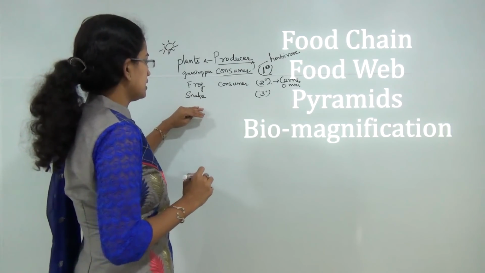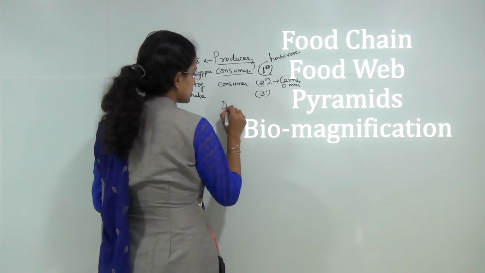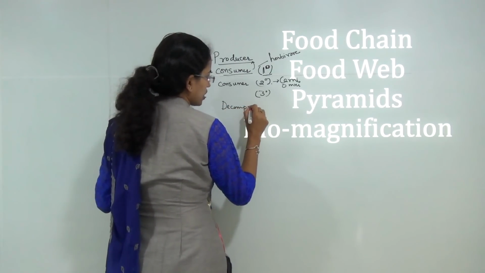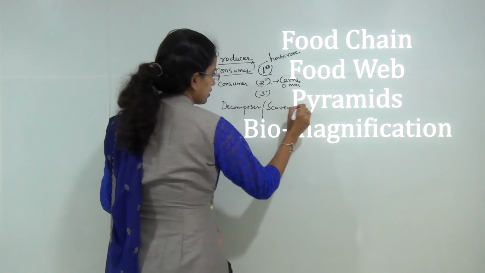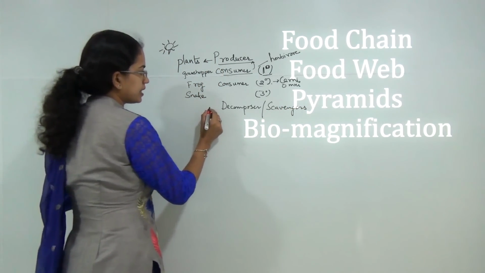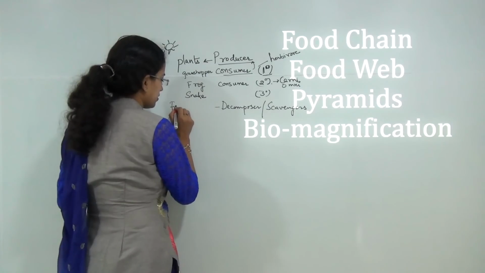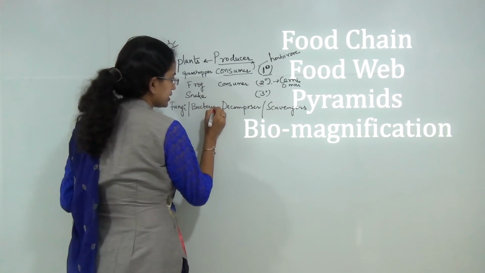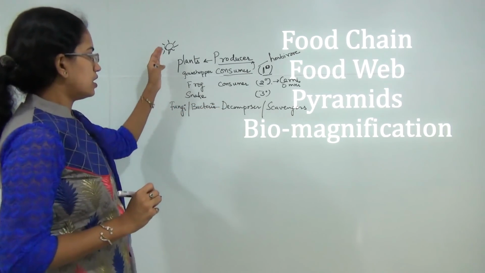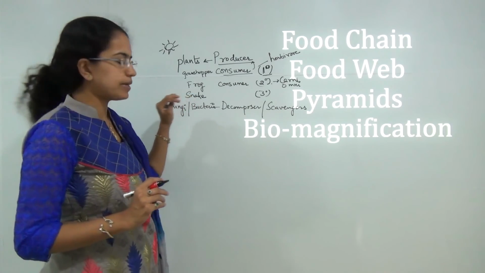And finally there would be decomposers or scavengers, who would feed on the dead material, and these are mainly fungi or bacteria found in soil that decompose the dead matter.